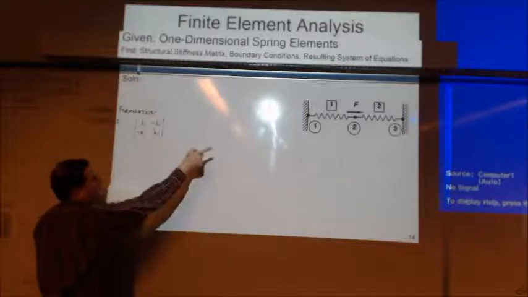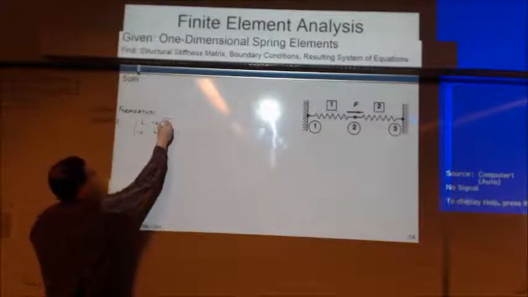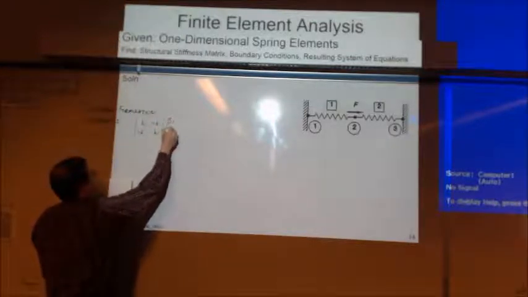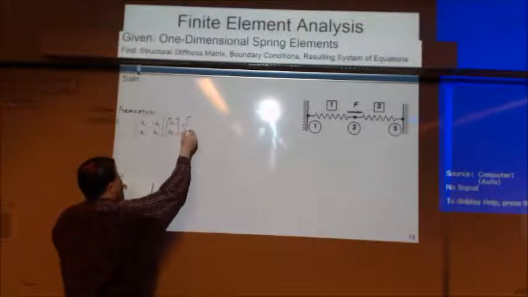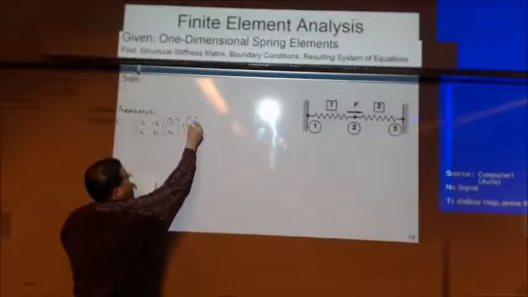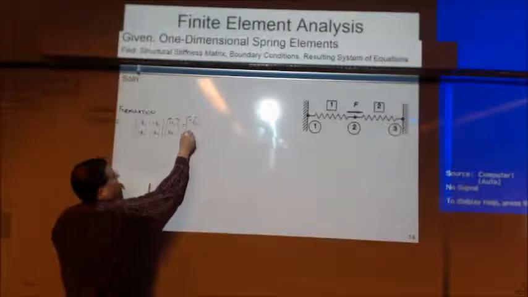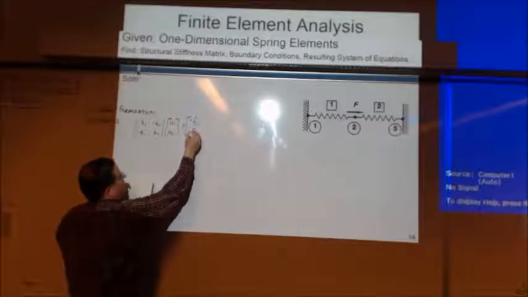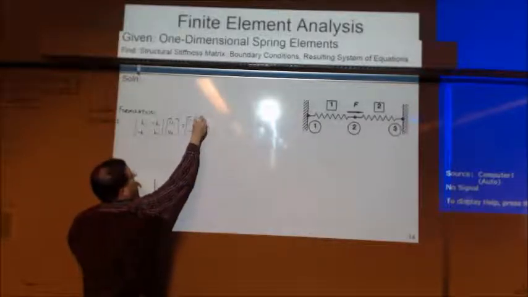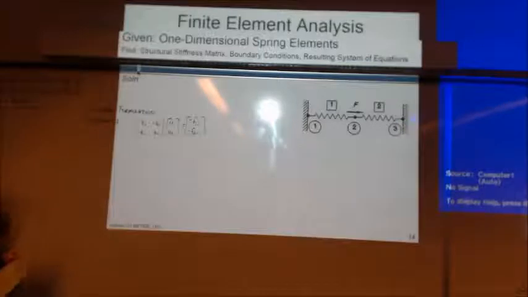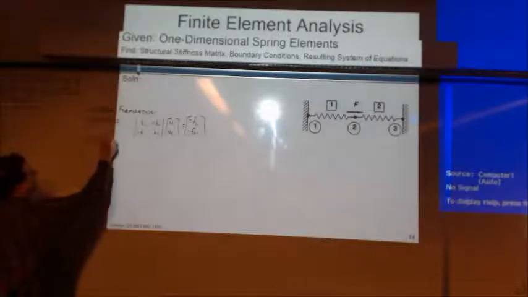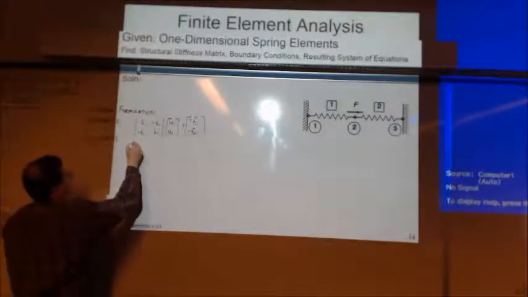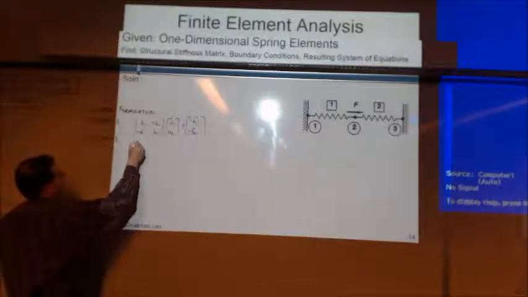So this is my stiffness matrix for that, times U1, U2, equals minus F node 1 element 1, F node 2 element 1. So that's our general equation. Element 2, okay, it's going to look exactly the same, right?